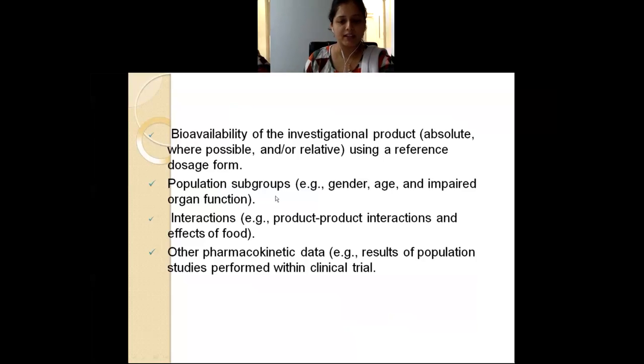Population subgroups, that is how many healthy human volunteers are being taken for our study, their gender, age, any impaired organ function, if present, that too has to be mentioned. If any interaction is observed, that too has to be highlighted in our clinical study report. Any other pharmacokinetic data should also be provided within this clinical trial.